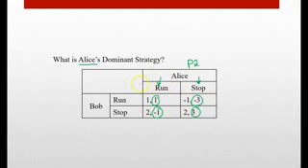So we're trying to decide, should Alice run or should she stop? Now we're going to do the same thing we did before, but this time we're going to keep Bob's choices the same. So if Bob chooses to run, what is Alice's best decision? Should she choose to also run or stop?